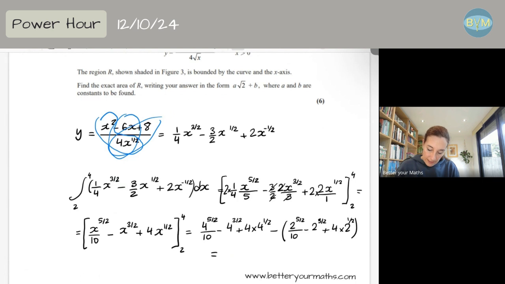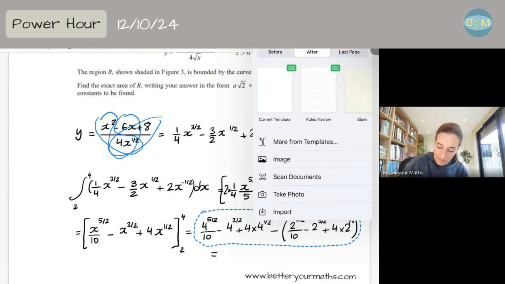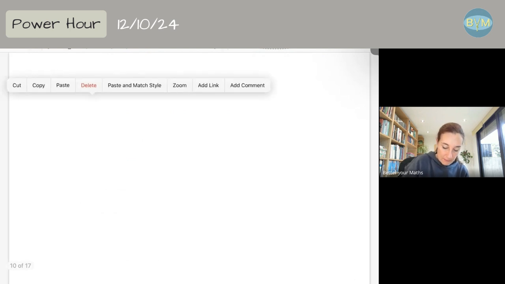We have to write in this way, so we cannot use the calculator. We cannot use the calculator because the calculator is going to give us, no, can we use the calculator? I think I'm going to do it slowly. You see why this is 6 marks, no?